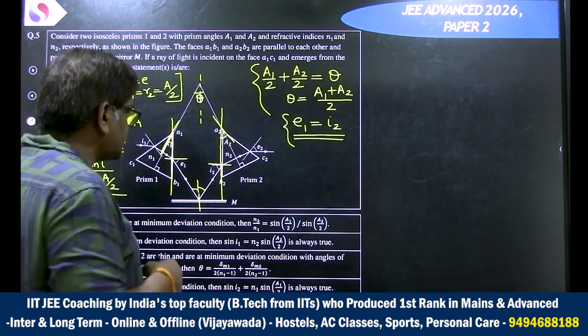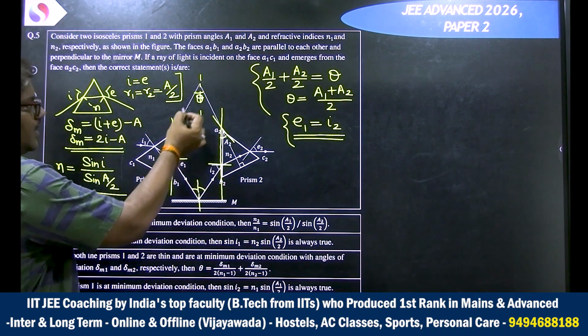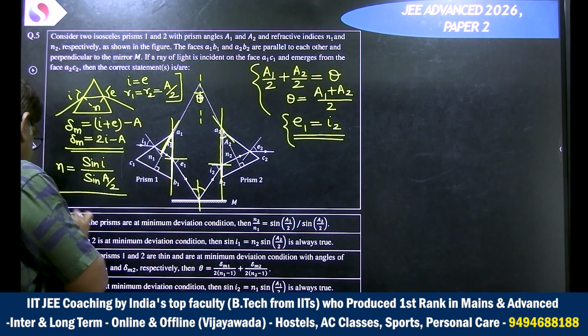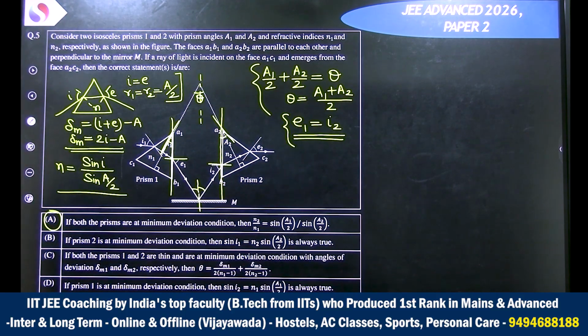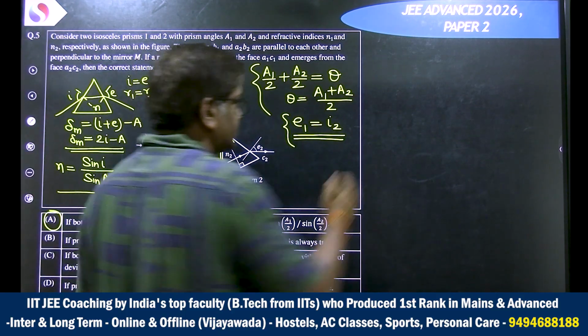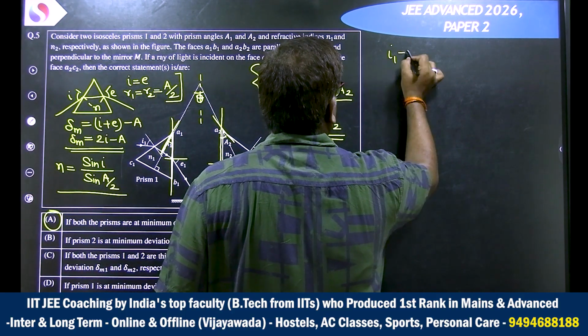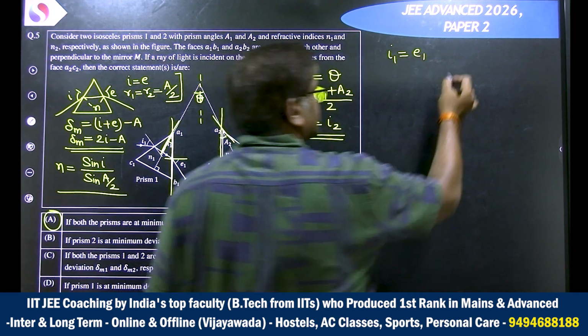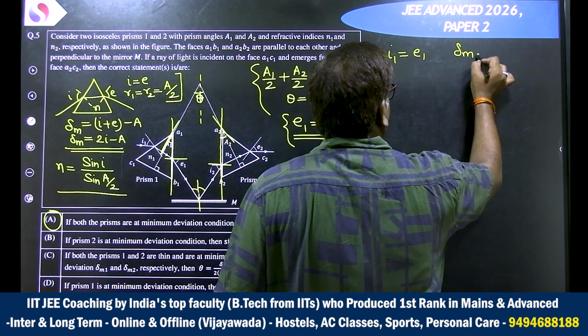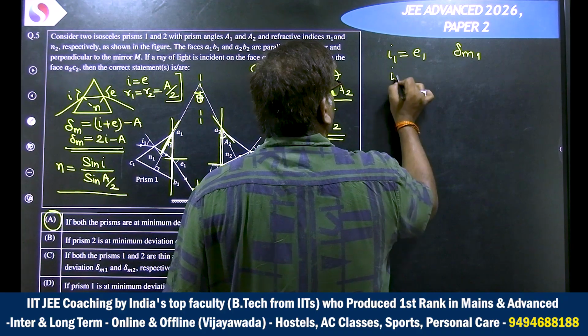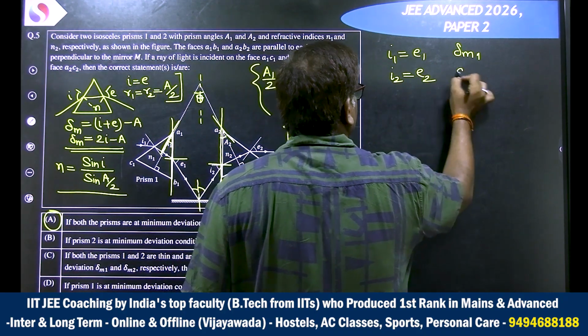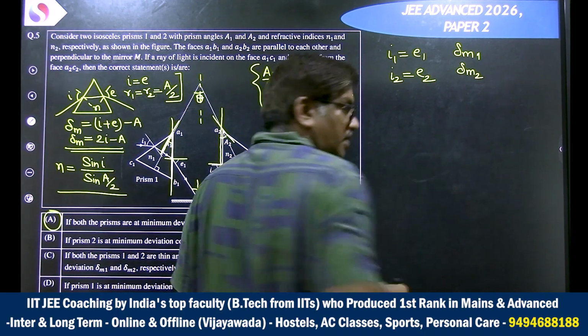Here in this diagram, in the first option they are saying both are at minimum deviation. What does it mean? That clearly I1 equals E1, which is the minimum deviation condition for the first prism, and I2 equals E2, the condition of minimum deviation for the second.